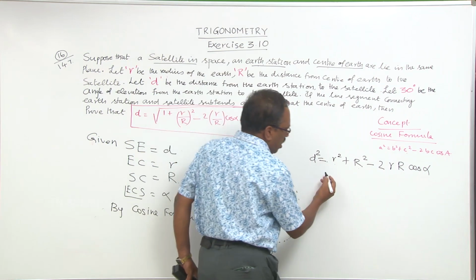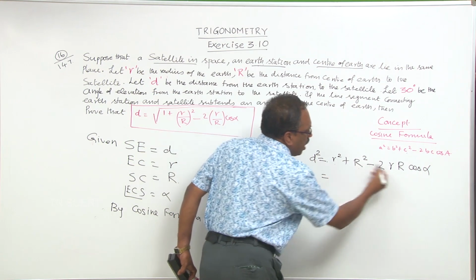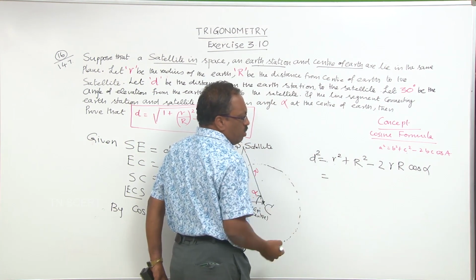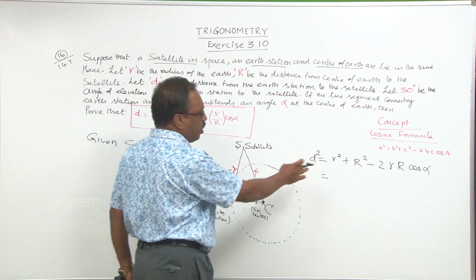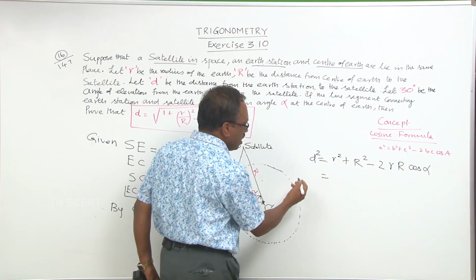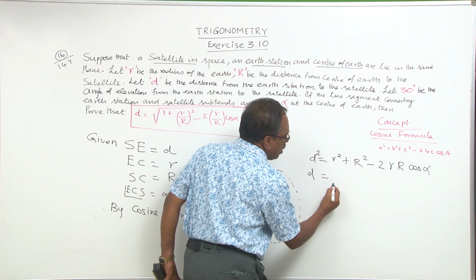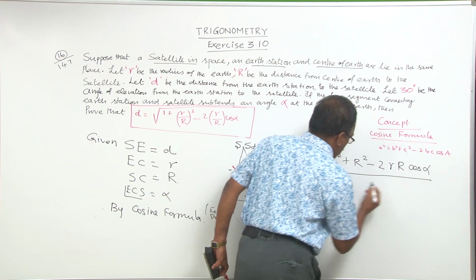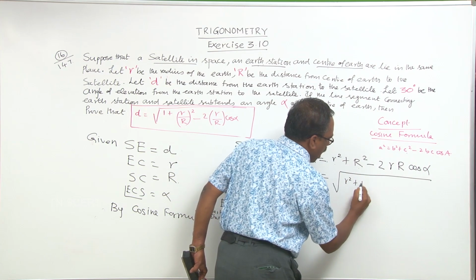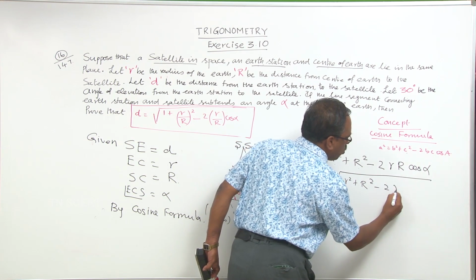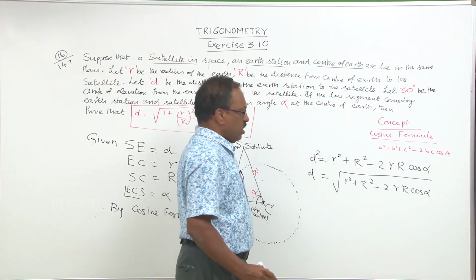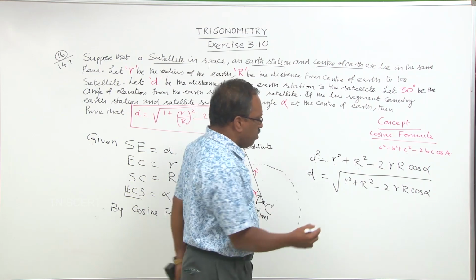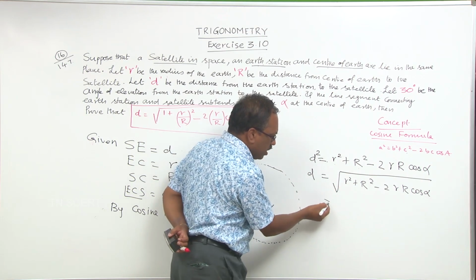So take the value which is common here. According to the problem, you take the value of d, so d is the square root of small r square plus capital R square minus 2r capital R cos alpha. I wish to take capital R square common in this.